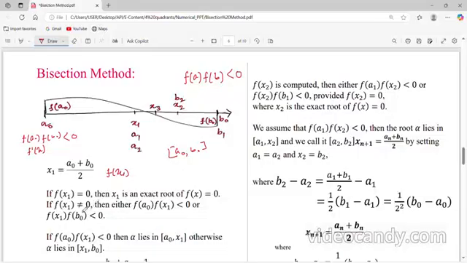If f(x1) = 0, that means x1 is an exact root of f(x) = 0. If f(x1) is not equal to 0, we can say the root lies between a0 and x1 or between x1 and b0. Suppose f(a0) times f(x1) is less than 0, that means the root lies between a0 and x1. Otherwise, the root lies between x1 and b0.